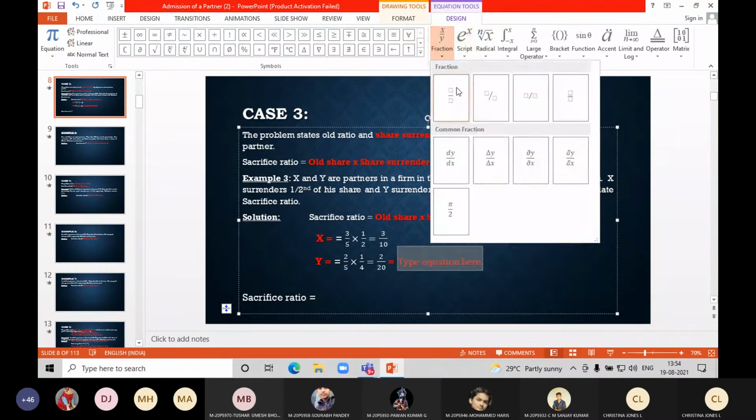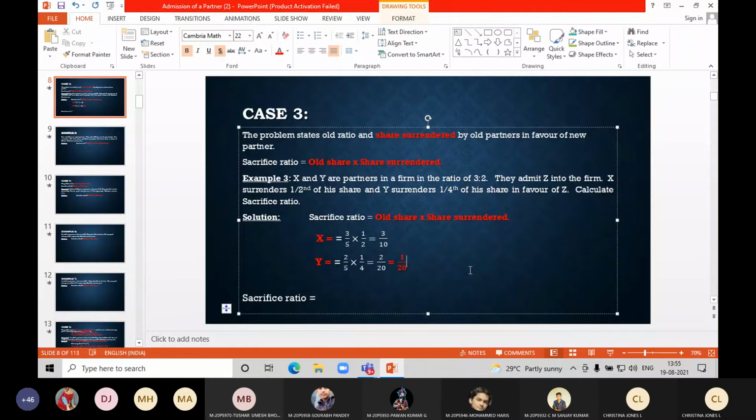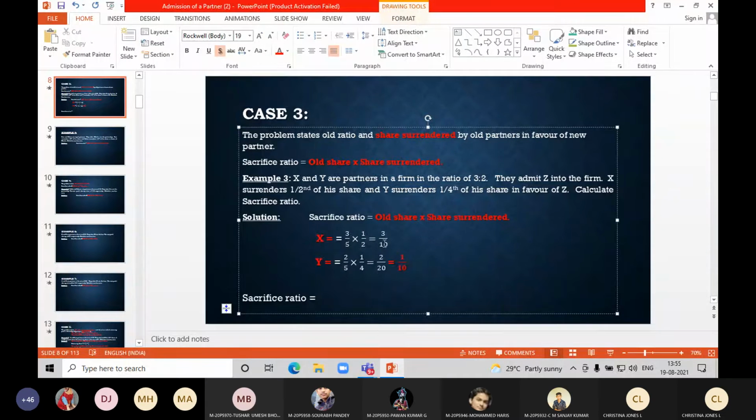Yeah, I told you don't simplify. Now why I'm simplifying is, 2 ones are 2, and this will be 20. So 1/10, ma'am. 1/10. Why I reduced it to 1/10 is because if I have to represent in ratio, my denominators have to be the same.